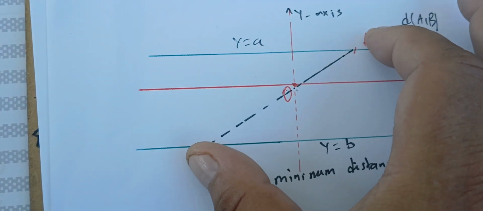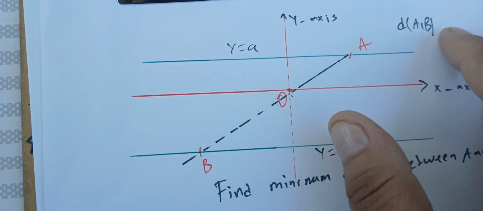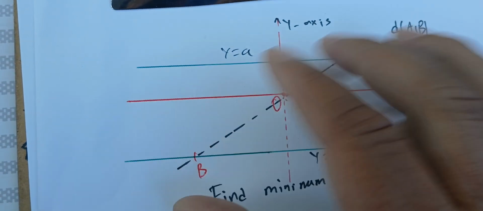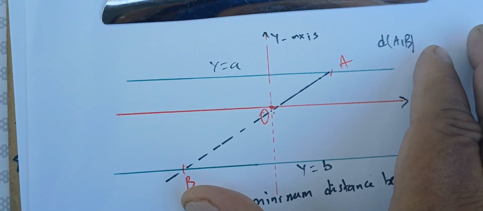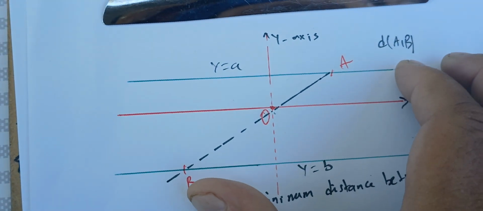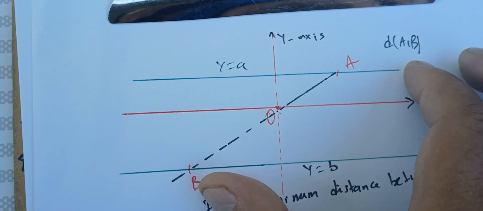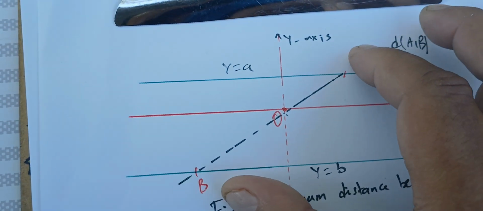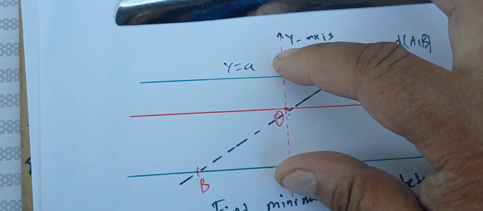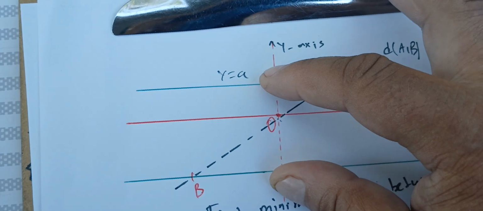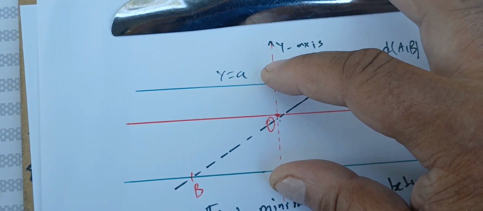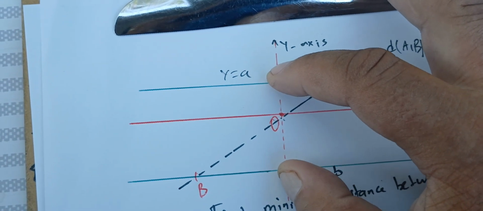Okay, as we see, if they keep moving, this one to the right and this one to the left, the distance will be big, and at a certain moment it will be infinite. And if they can get closer and closer to each other, there is a moment when they will be at this minimum distance here.